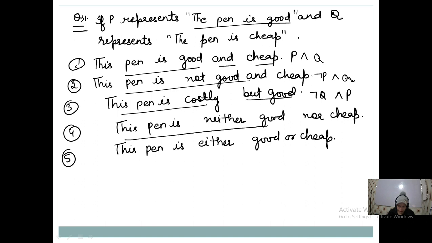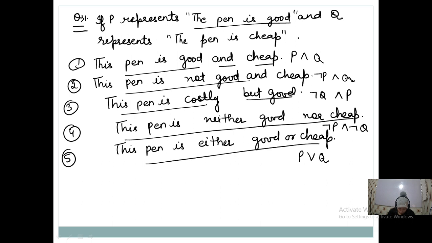This pen is neither good nor cheap, that means not P and not Q. This pen is either good or cheap, in this P or Q.